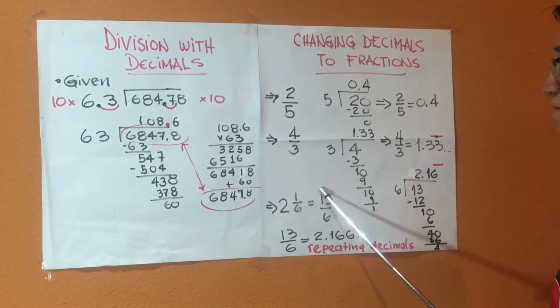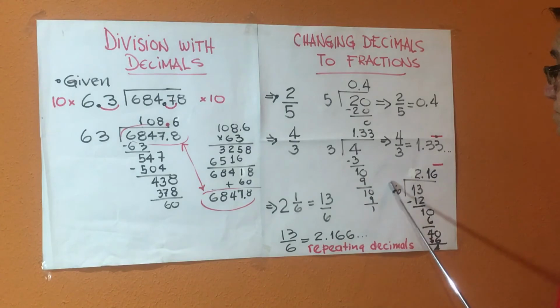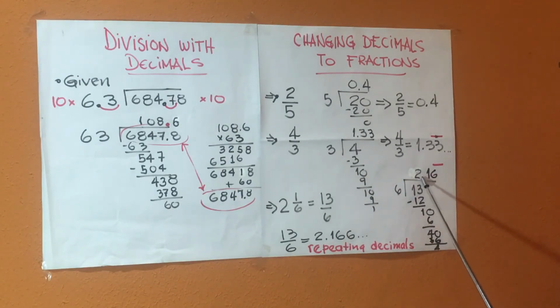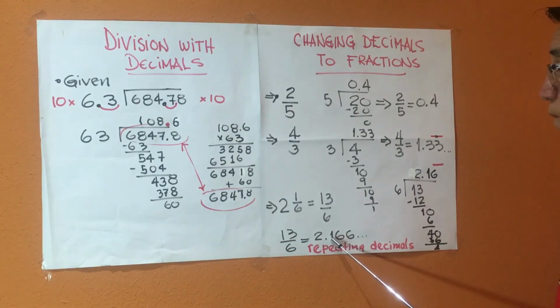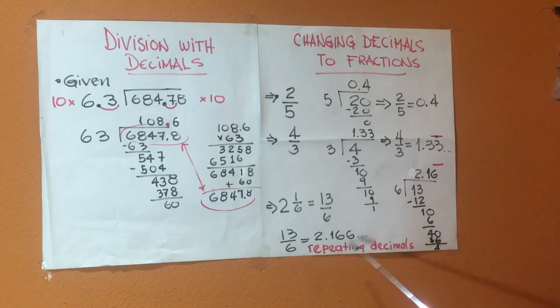So my fraction is 13/6, which has been divided here. And the answer is 2.16. And this 6 is also going to be repeated endlessly. So the equivalence of 13/6, which is this number, is going to be 2.166666. It's going to be a repeating decimal.